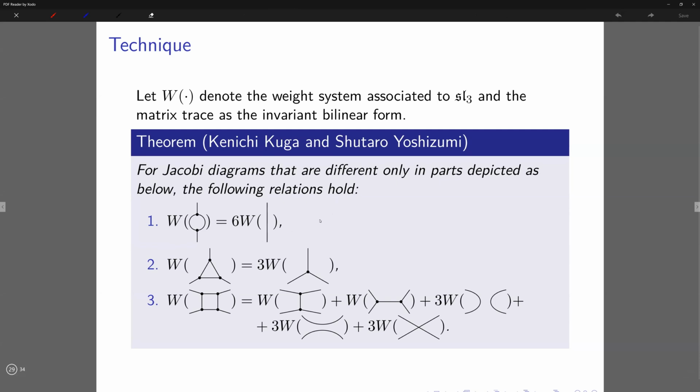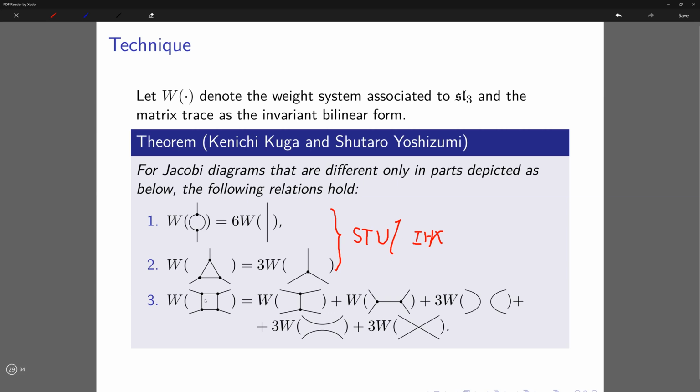I would like to say that the first one and the second one only depend on the STU relation, and the IHX relation. They are not quite related to the SL3 weight system, and the third one is related to the SL3 weight system.